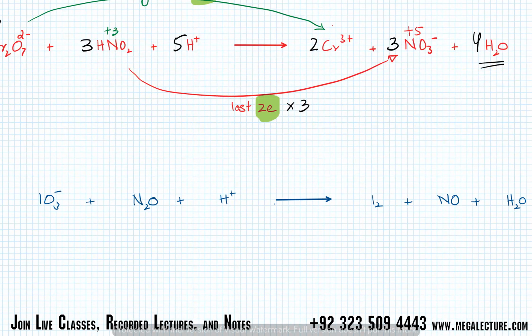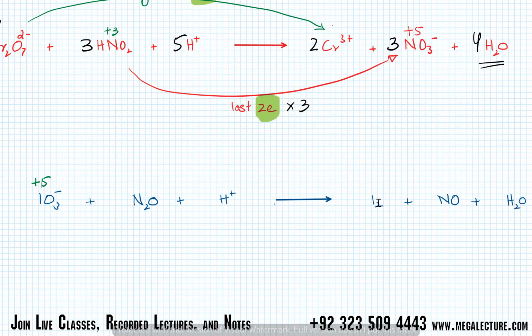First thing, what's the oxidation state of iodine over here? Oxygen, I know, is -2, H is +1. What's iodine? Okay, +5. So iodine is going to be +5. What's iodine over here?